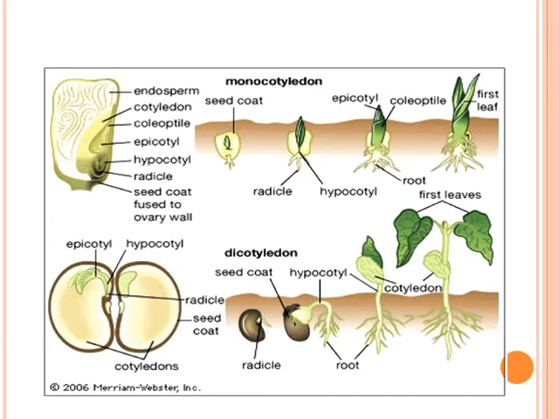So in monocotyledons, the germination is known as hypogeal. And in dicots, where the germination is due to the elongation of the hypocotyl, this type of germination is known as epigeal. Seed germination and growth we will discuss in the next class, right?